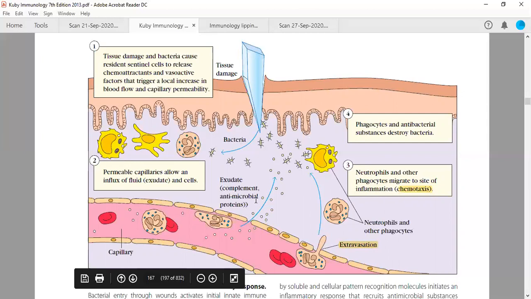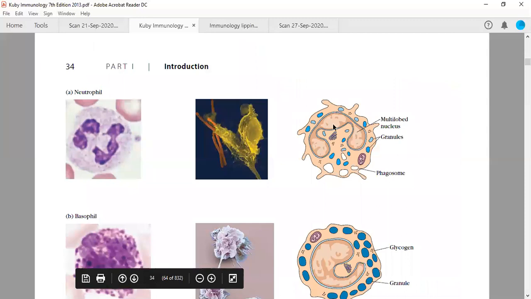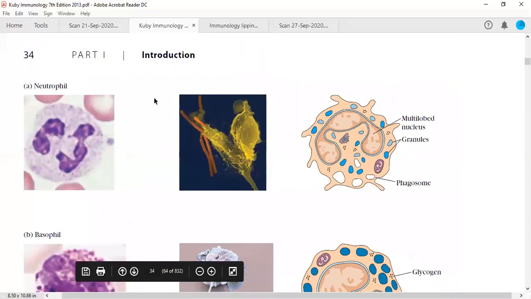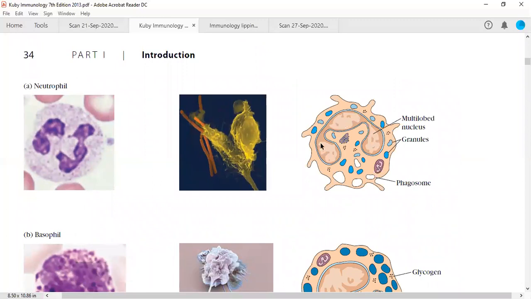Now the diagram is given on page number 34 in your book. Right, so this is the structure of a neutrophil, which has a multi-lobed nucleus. If you look into the granules, they have two major types of granules, known as primary and secondary granules.